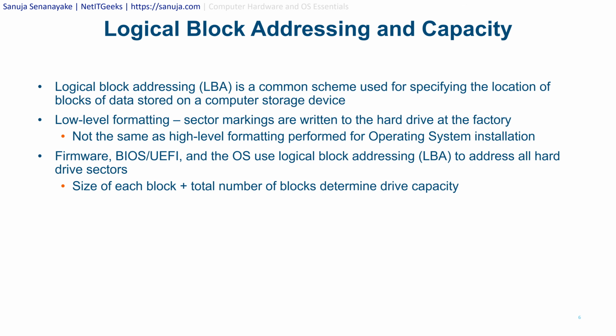Some of the space on that hard drive will be used for low-level formatting, high-level formatting, and certain configurations that need to be saved onto the hard drive associated with LBA. So this is why when you buy a 4 terabyte hard drive, you don't get the entire 4 terabyte space, because some of the space is allocated for the operations that need to be done in order to save information to that hard drive.